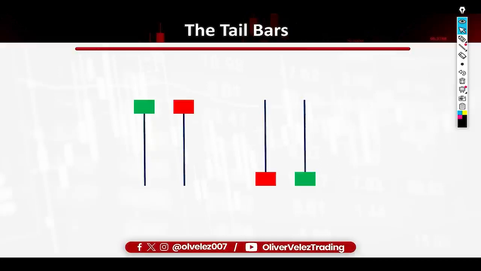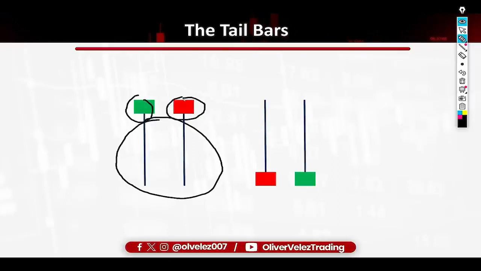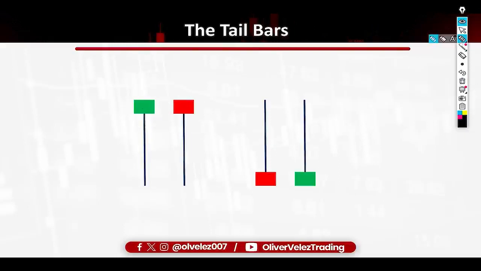Tail bars. Now, there are really kind of 6 types of tail bars. I have 4 here, but they all fall into 2 different categories. There's what we call bottoming tail bars, where the tail of the bar is at the bottom and the little body is at the top. Now, this is a very important concept here about tail bars.